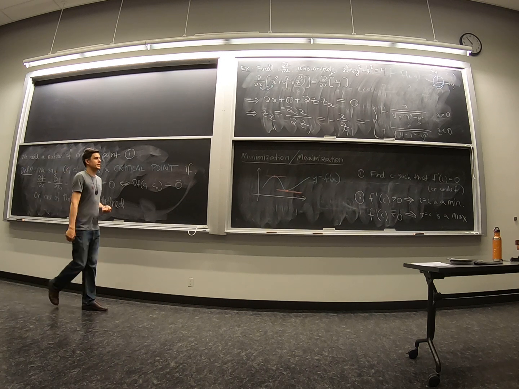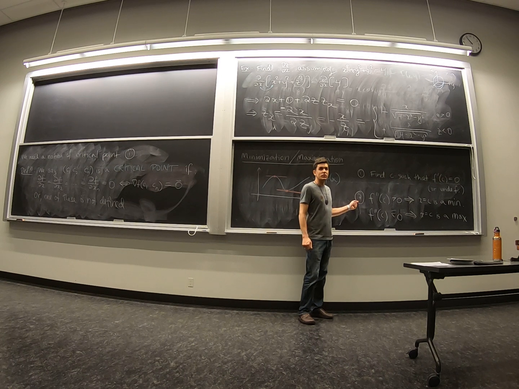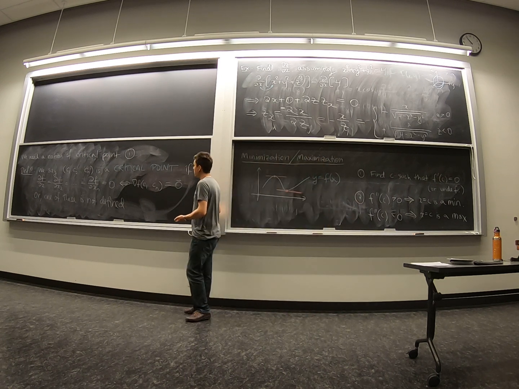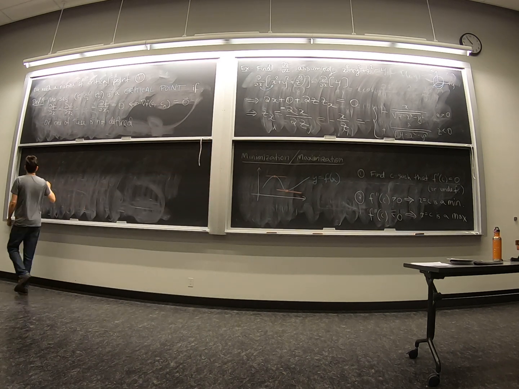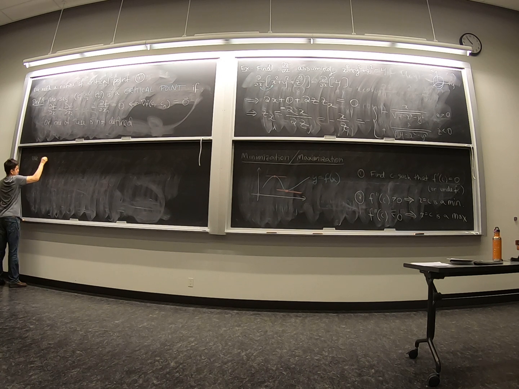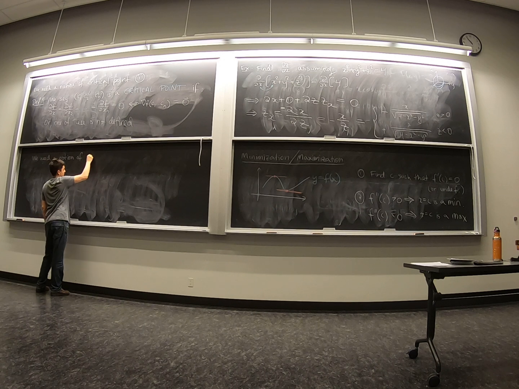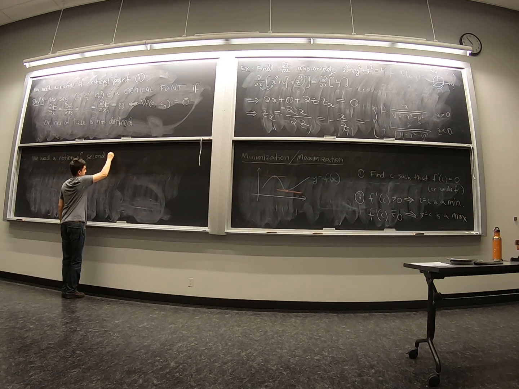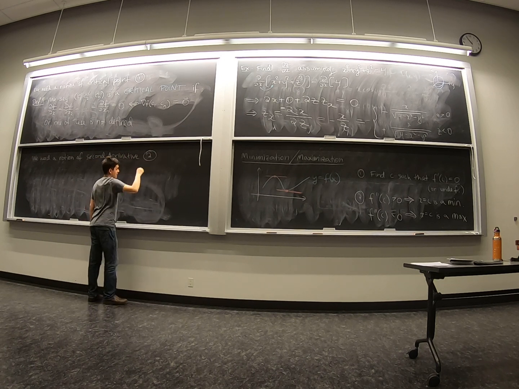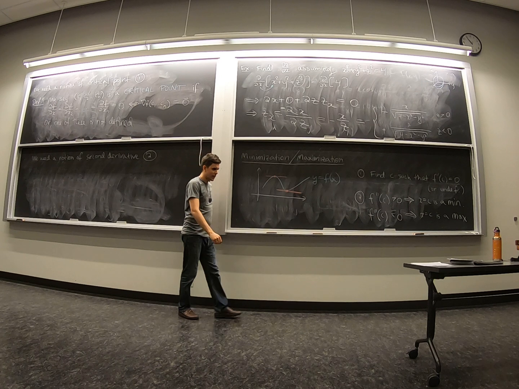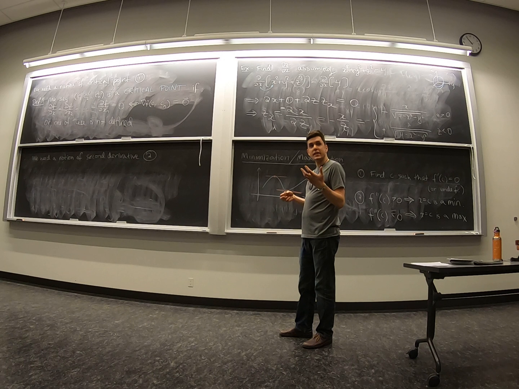The second thing that we need to do minimization and maximization is a notion of second derivatives. So we've seen that we can have many, many second derivatives, yeah?